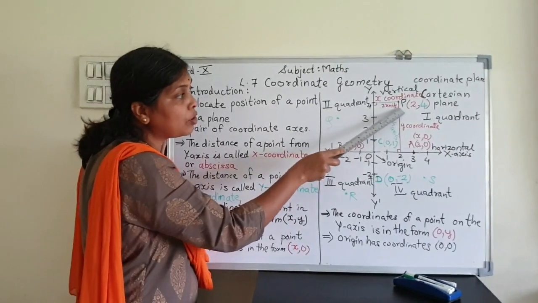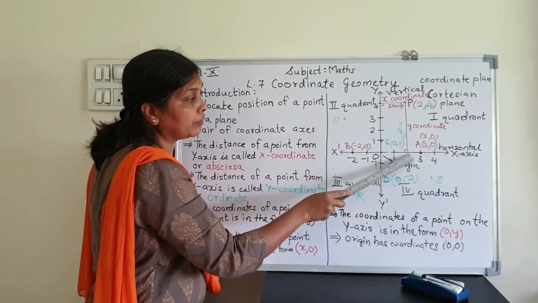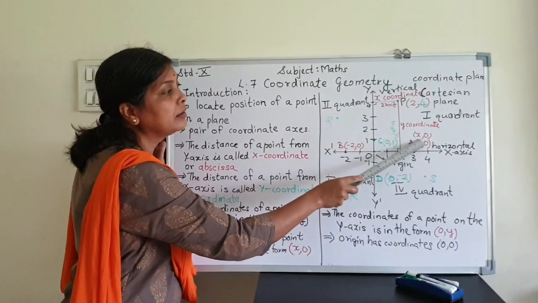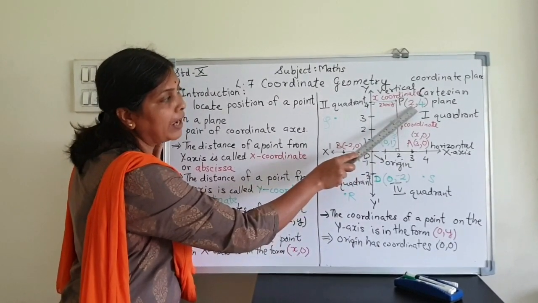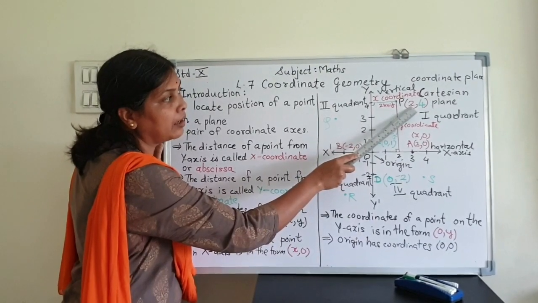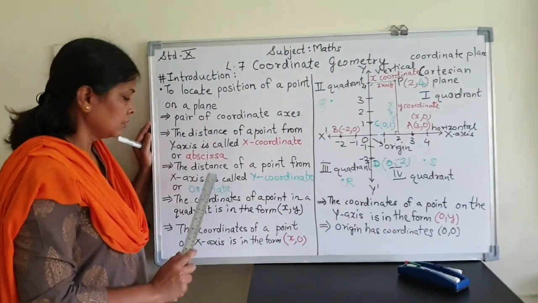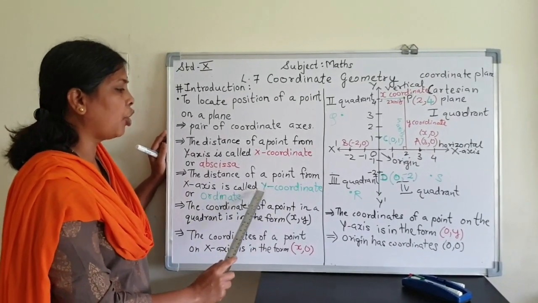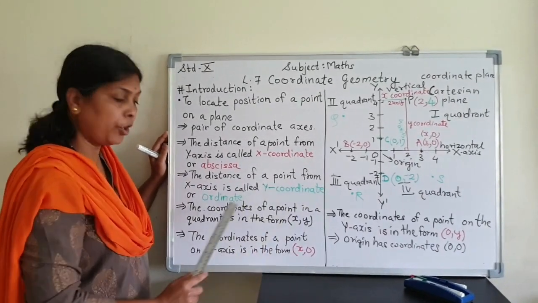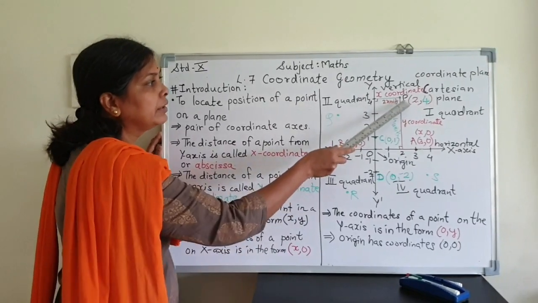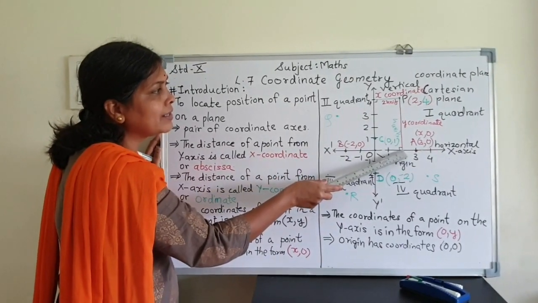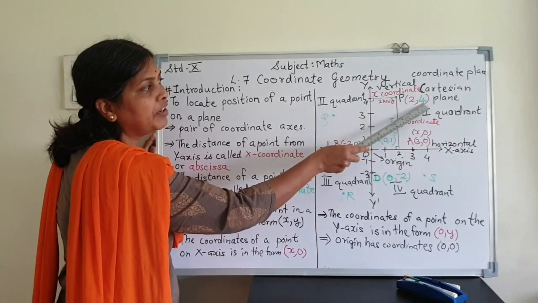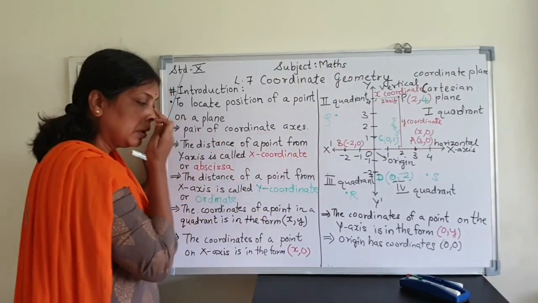This horizontal distance from the y-axis is known as the x-coordinate or abscissa. The distance of a point from the x-axis is called the y-coordinate or ordinate. So here the distance from the x-axis to point P is the y-coordinate. Here we have 4 units.